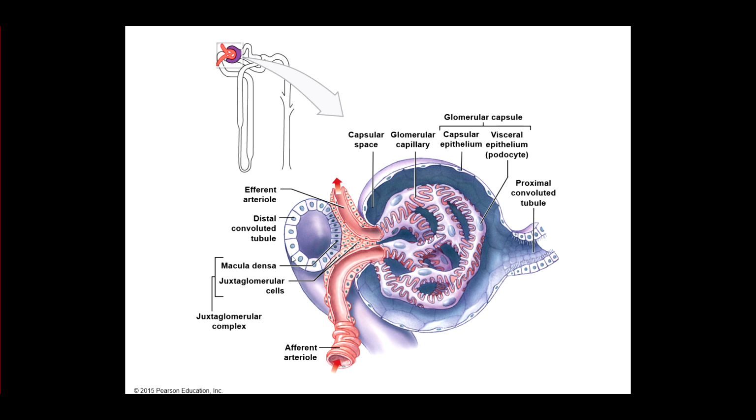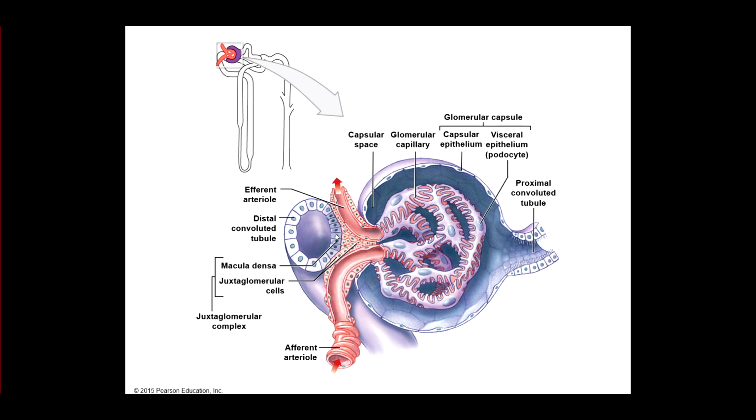So the first ones I want you to notice are these cells right here in the distal convoluted tubule. Normally, the cells in the distal convoluted tubule are cuboidal cells like this, and they're fairly good size. What happens is here they get packed closer together, and they sometimes even get a little bit taller. They become more columnar. But here you can see how they're packed closely together.